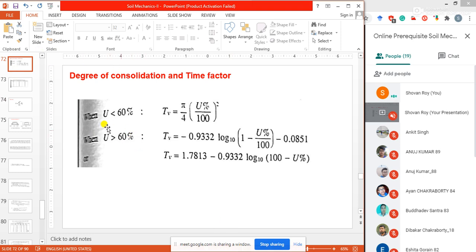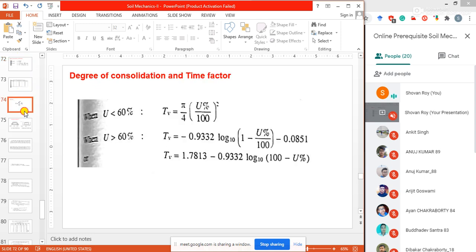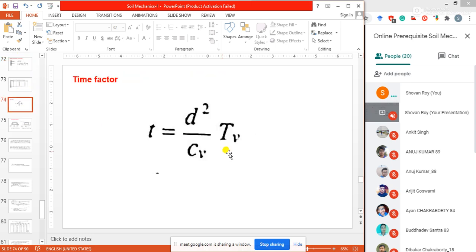So one is the U value, the degree of consolidation, and another is the time factor. These two values, U and T, or this formula, are required.